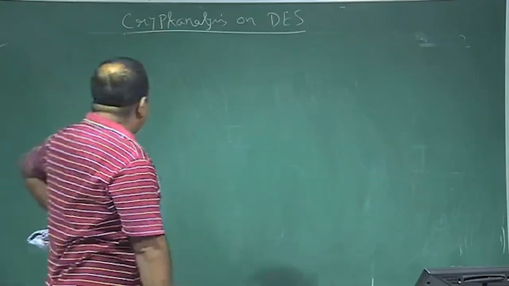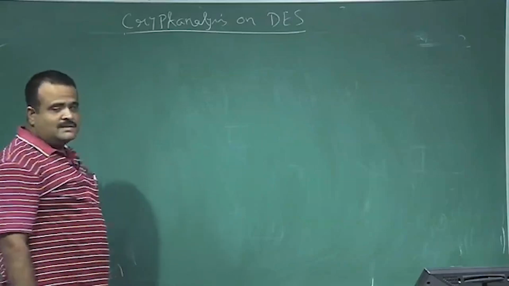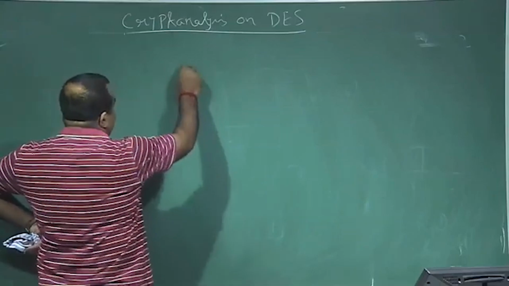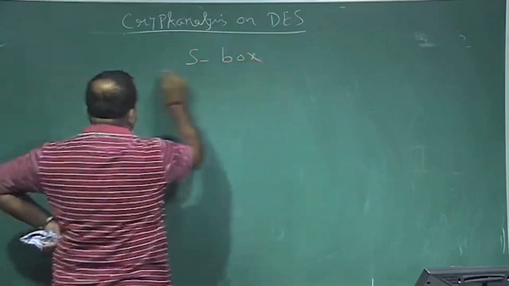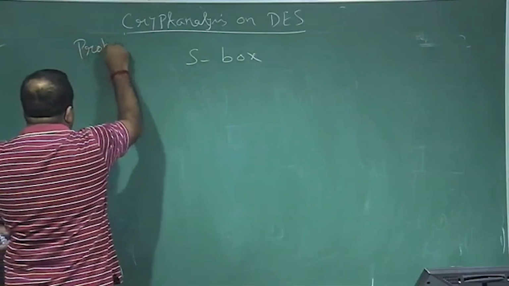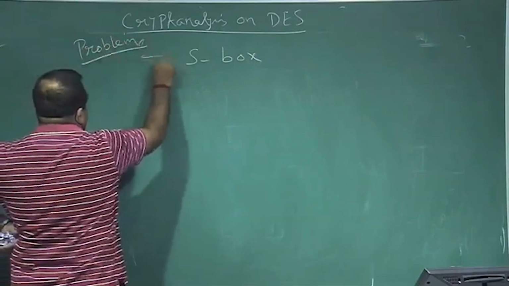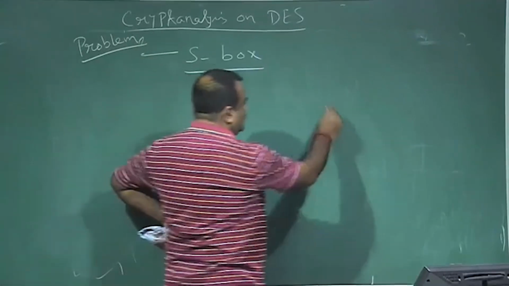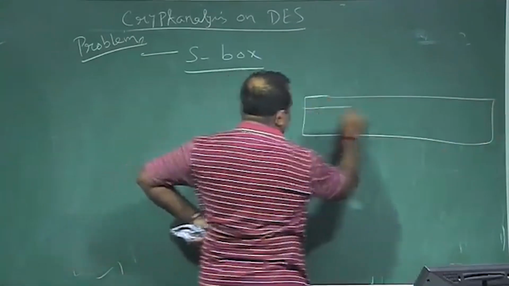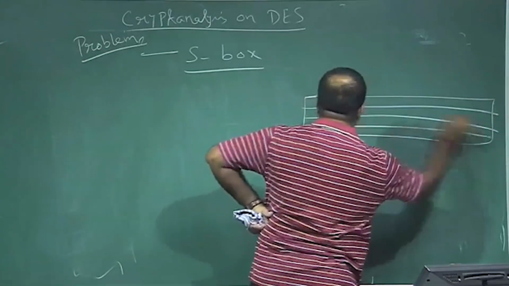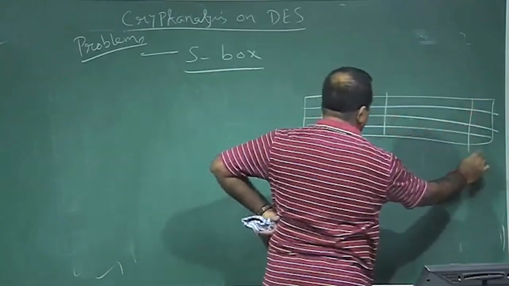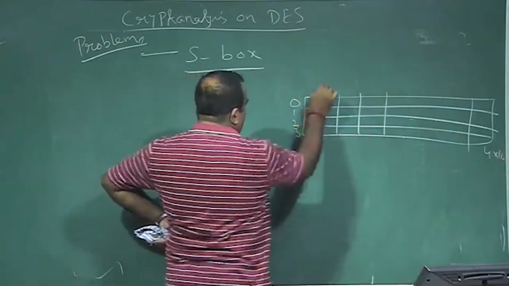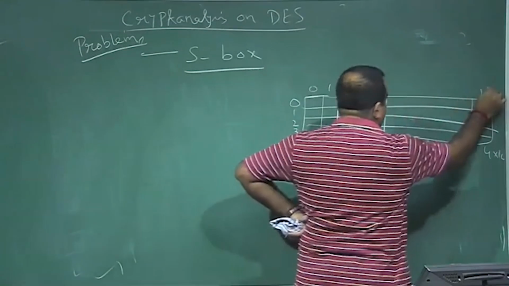Okay. So, there are some issues with DES. The first issue is it is not well documented, in the sense that the main problem is with the S-box. They have given just a table, a 4 by 16 table, with rows 0 1 2 3 and columns 0 to 15.